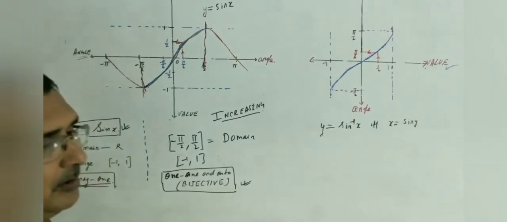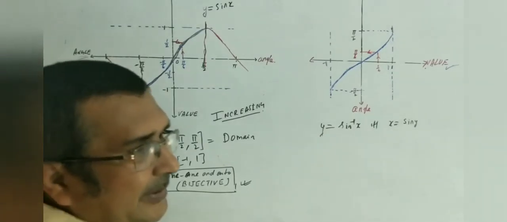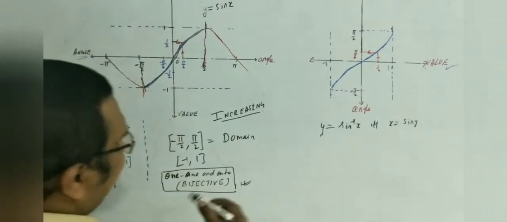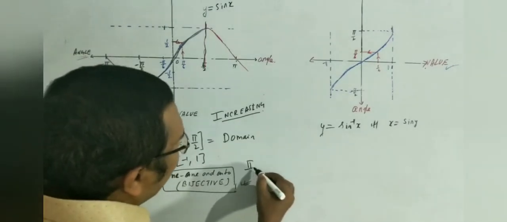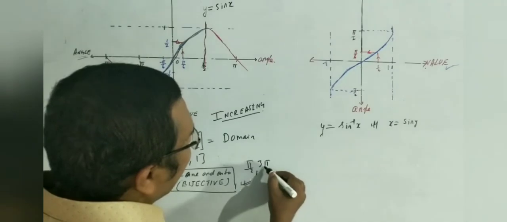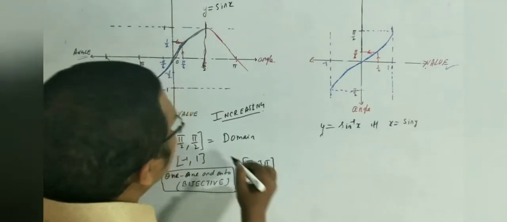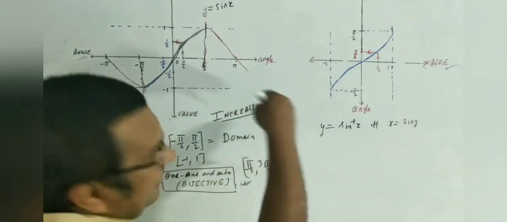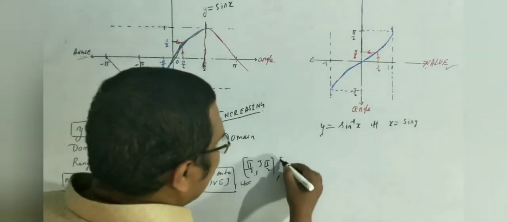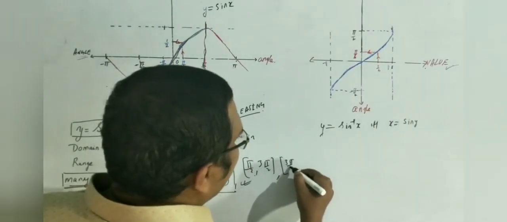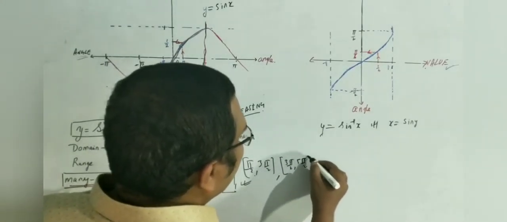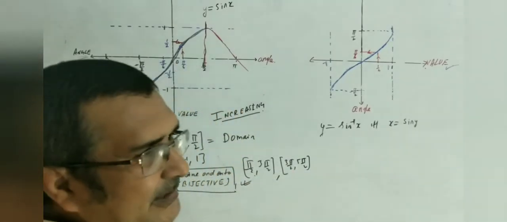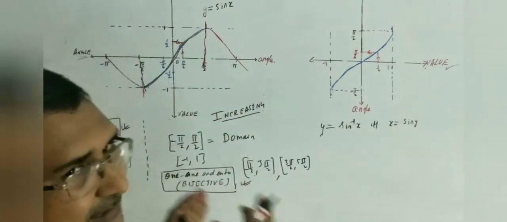Now, we can take other branches also. If I take from pi by 2 to 3 pi by 2, in this case it will be a decreasing function. Again I can take from 3 pi by 2 to 5 pi by 2, and so on. I can take many branches, but this is the principal value branch.